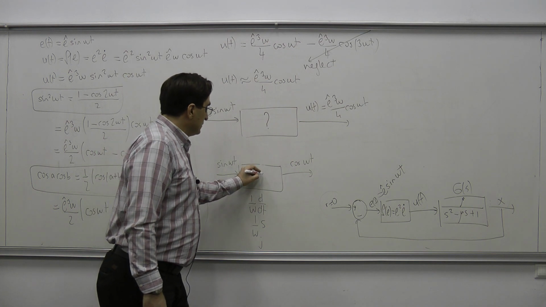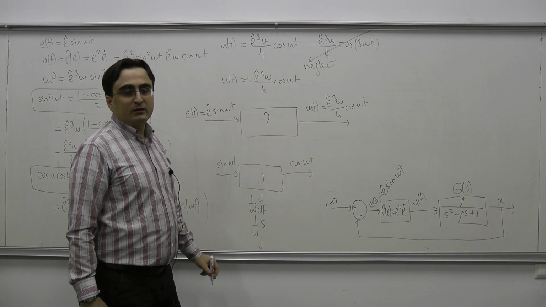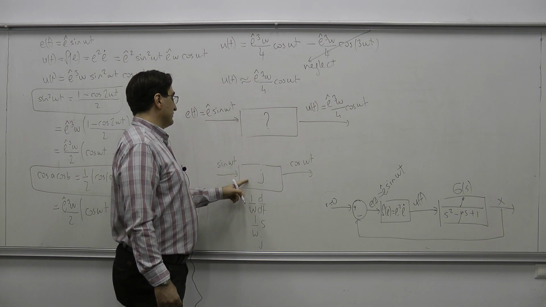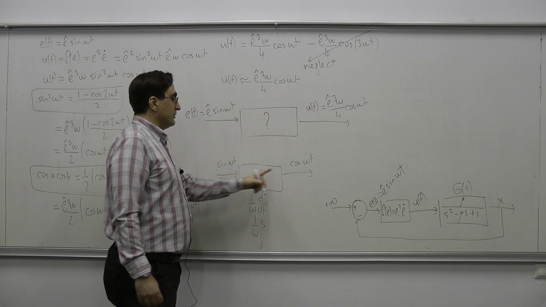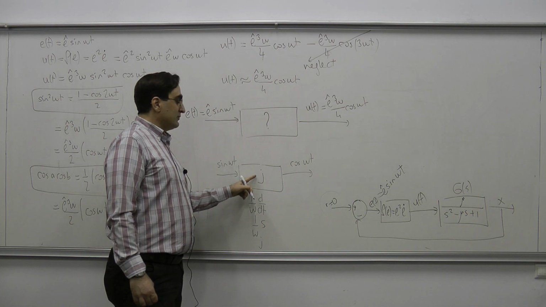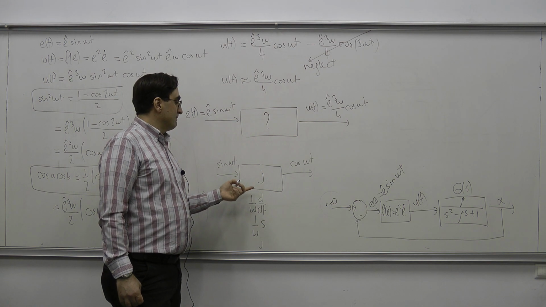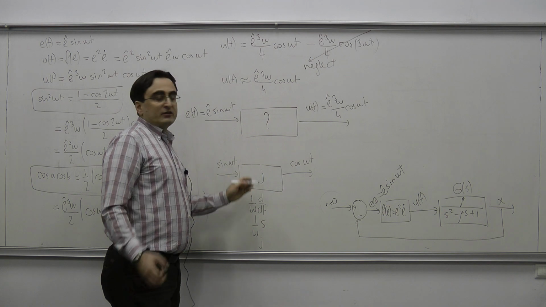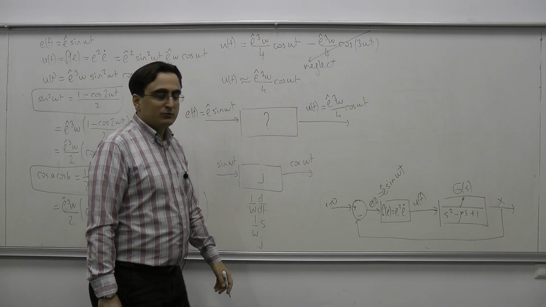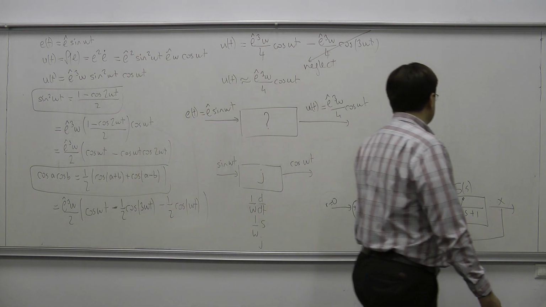Okay? So this missing system, which converts sine omega t to cosine omega t, is just given by j in frequency domain. Okay? So it's just a 90 degrees phase shift. That is what this means. All right?